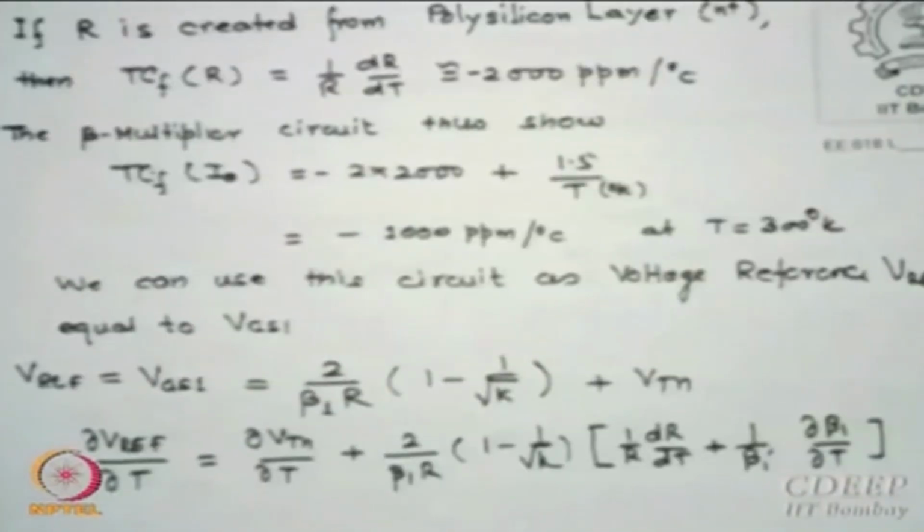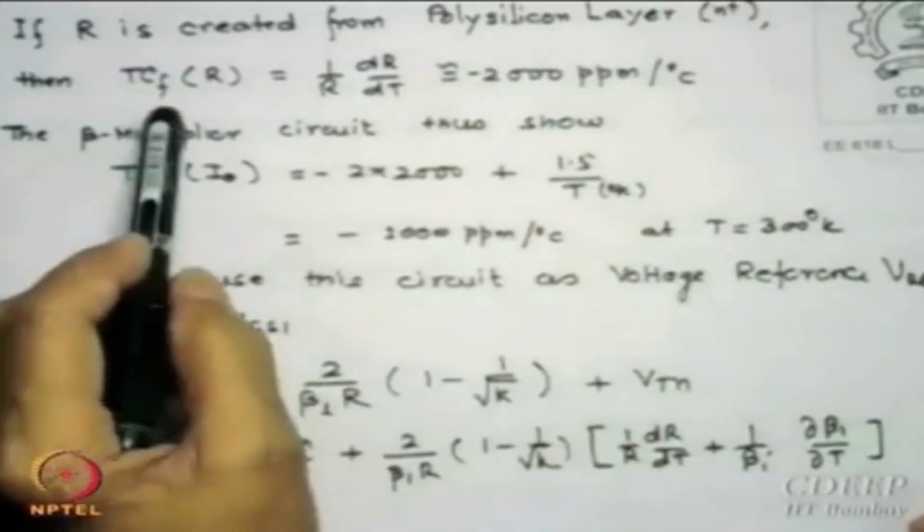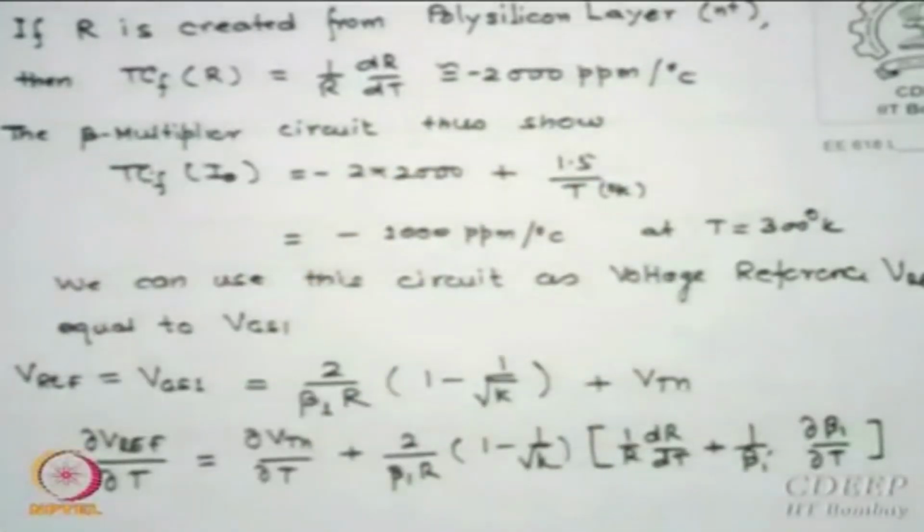Okay, so this part, which polysilicon layer: TCF of R is 1 upon this, typically it is minus 2000 for N plus poly in CMOS, that gives minus 2000 ppm per degree centigrade, that is TCF.